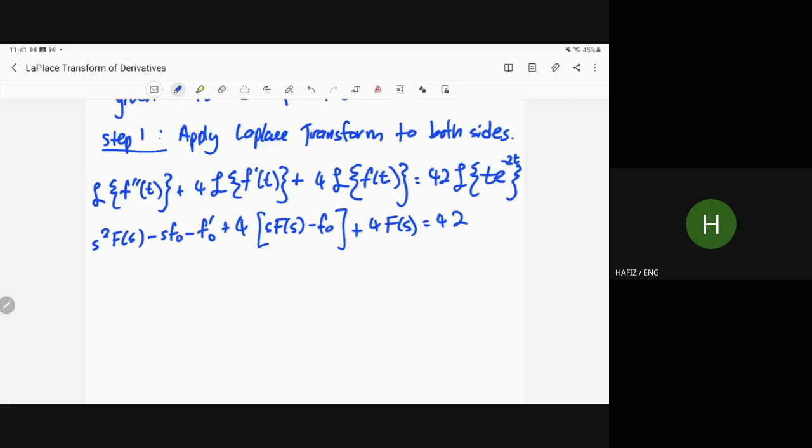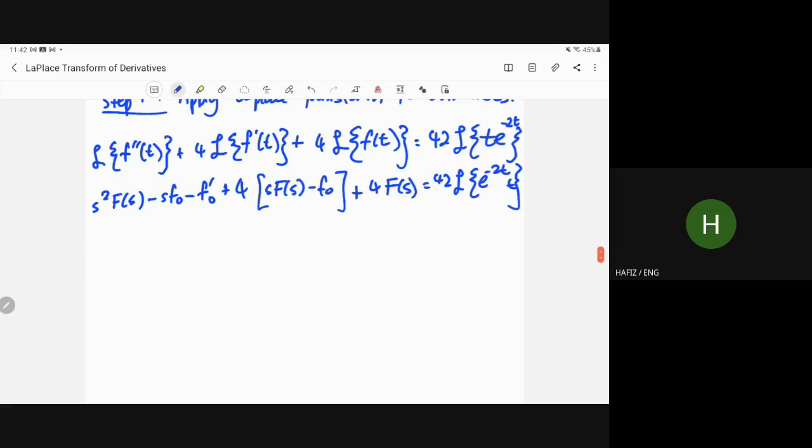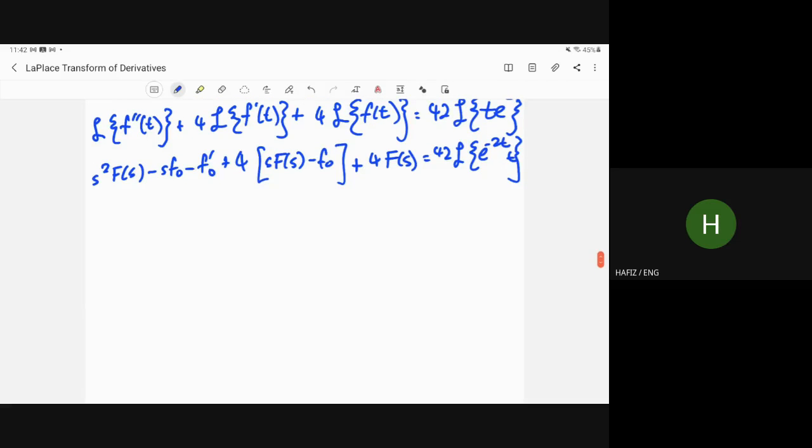I'm rearranging this as 42 t e to the minus 2t, because it's easier if we do it using the first shift. I'll leave that there first.